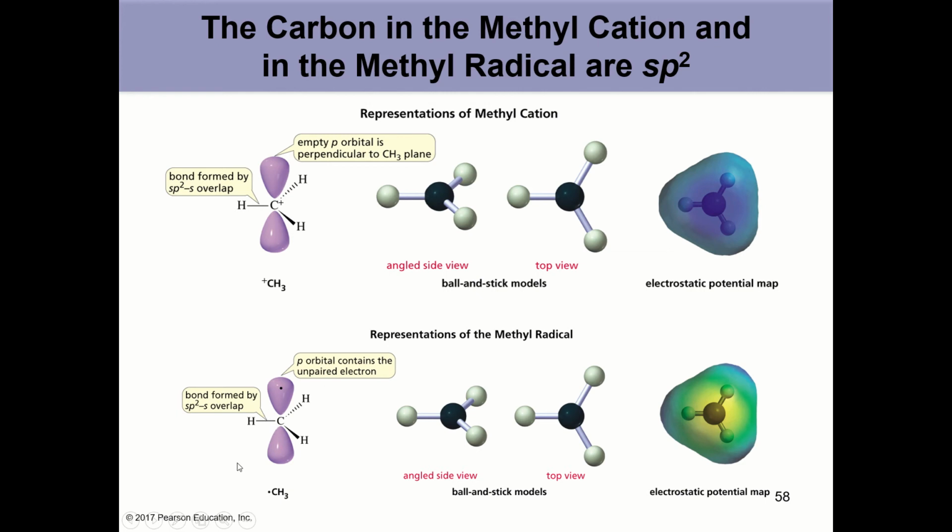So this methyl radical has only 3 electron domains, or 3 EDs. They both have 3 EDs, and therefore their hybridization is sp2. And sp2 has a molecular geometry of trigonal planar.